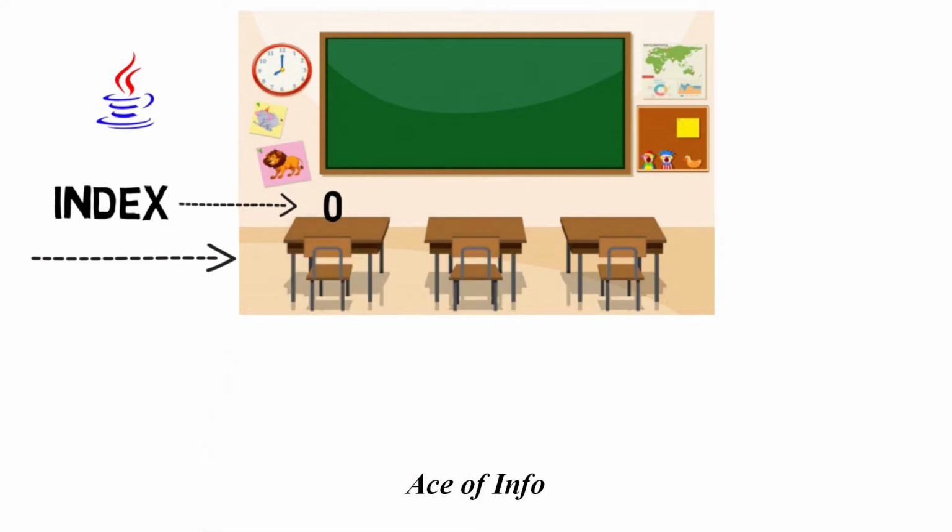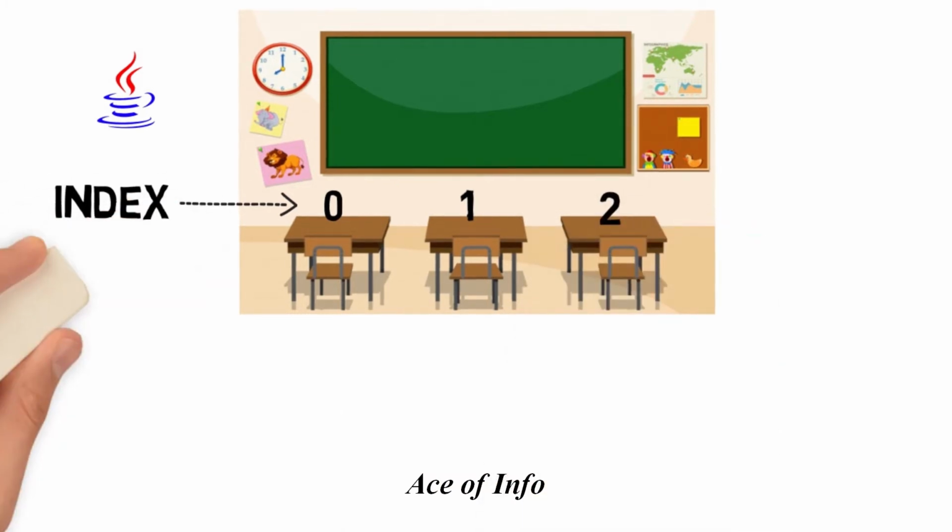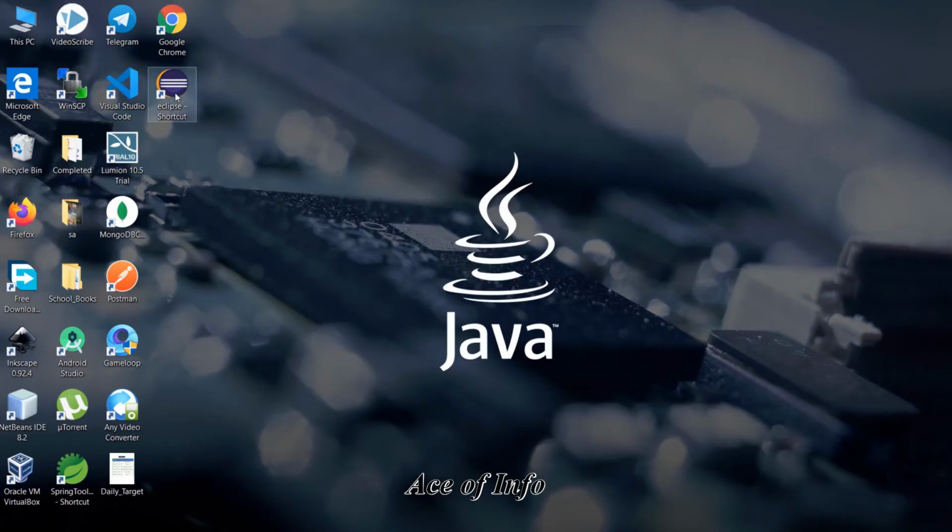Second student is in the position of 1, and third student in 2, and it keeps going on like that. So this is called a one-dimensional array. We have one line and we have multiple variables in that line. Now if we have to take one from this array, we call them out by index. Let's try them in our IDE.